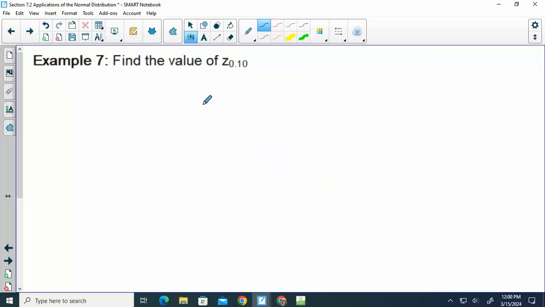So if I ask you to find the value of Z.10, okay, whoops. So that means, if we're looking at a table, we have to find the Z, so that's what we're looking for. The area to the right is 0.1.